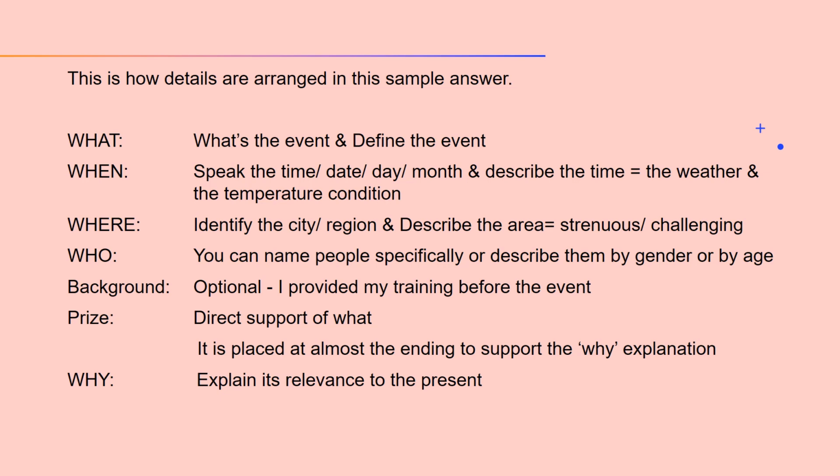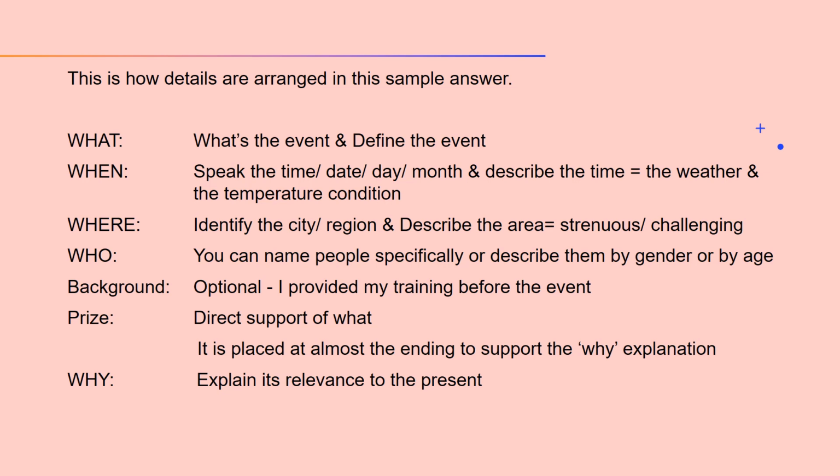The sample answer provided details of the background of the event, which is optional. Talk about the prize. The sample answer includes the prize because it directly supports the what. It is placed at almost the ending to support the why explanation. Then lastly, explain why.